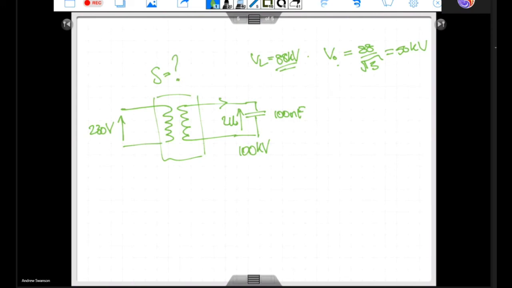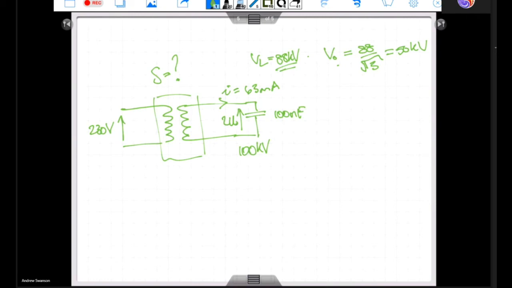So let's look at the power rating. I get 63 milliamps there.